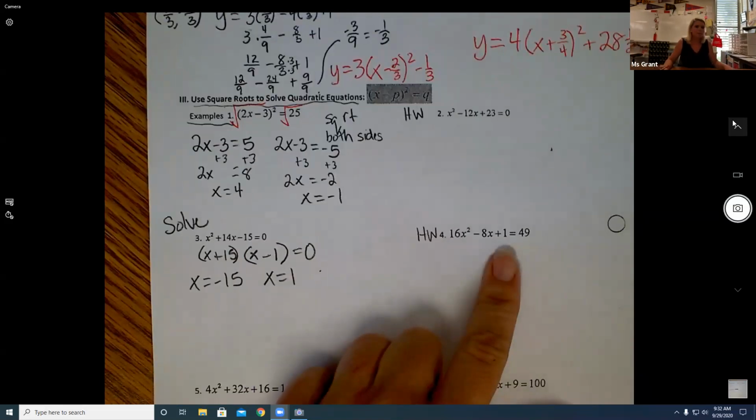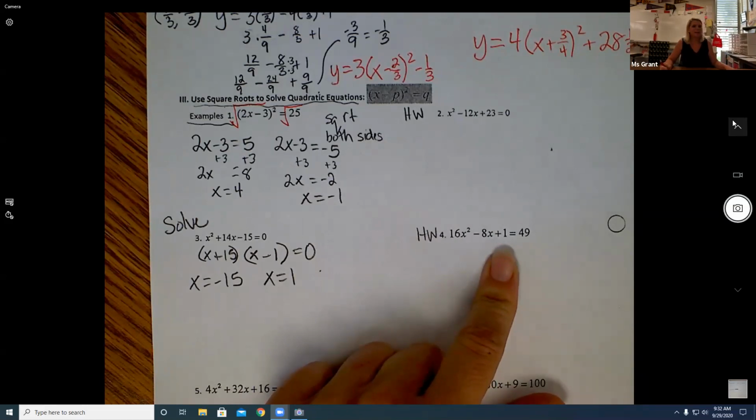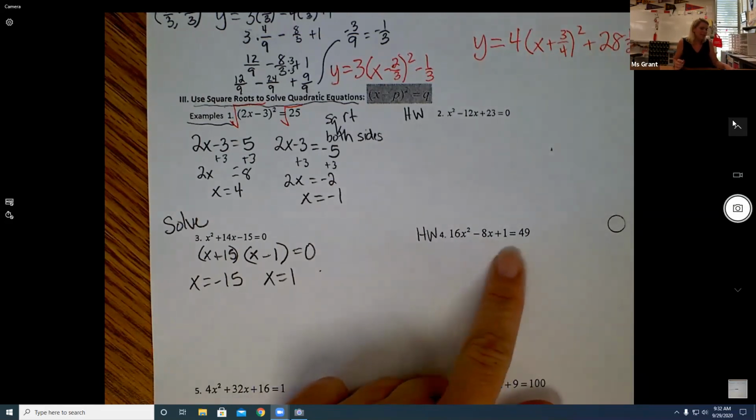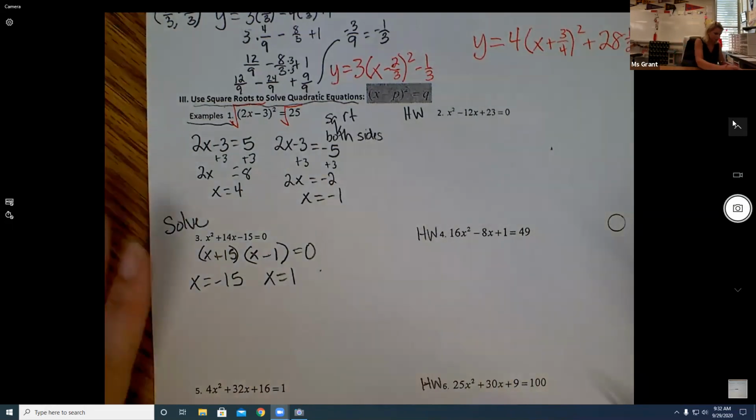I want to recommend on number 4 that you, let me show you something on number 4, just to kind of get you started, okay? 16x squared and then the 1 at the end, that's a perfect square trinomial.